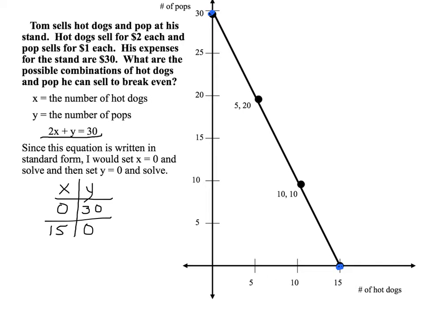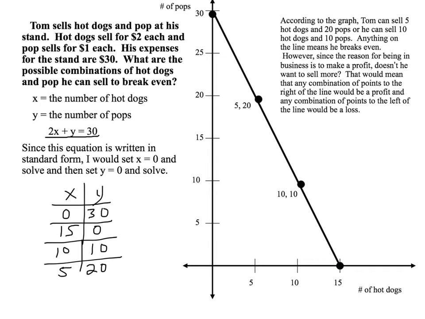I could also find some other points if I wanted to. For instance, the point (10, 10) would work, and I have plotted that, as well as the point (5, 20). There's actually a number of different points that would work, but I could solve this that way and find some combinations that he could sell to break even.